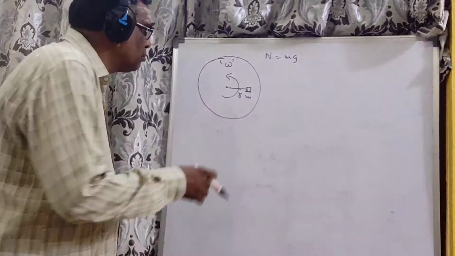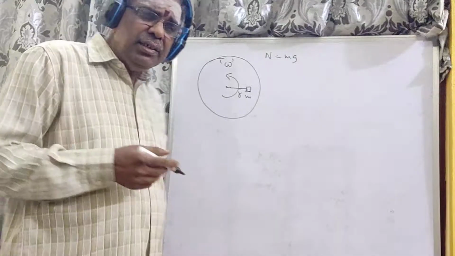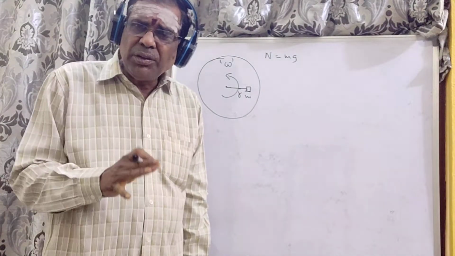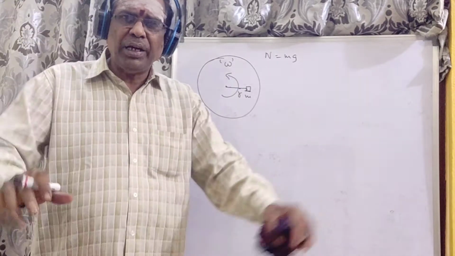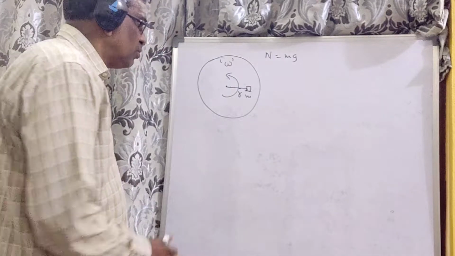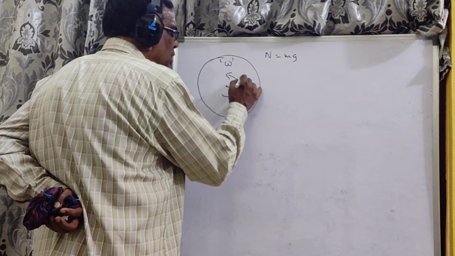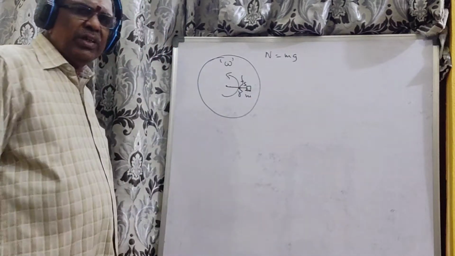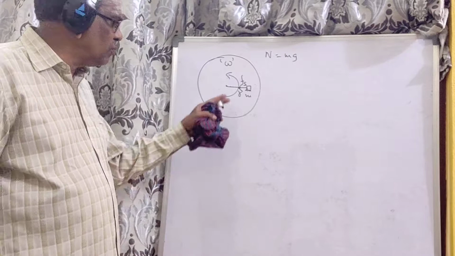Another way: what is centripetal force? The net force acting on the body in the plane towards the center is your centripetal force. The only real force here between the body and the disk is the frictional force. Why am I taking it as static frictional force?